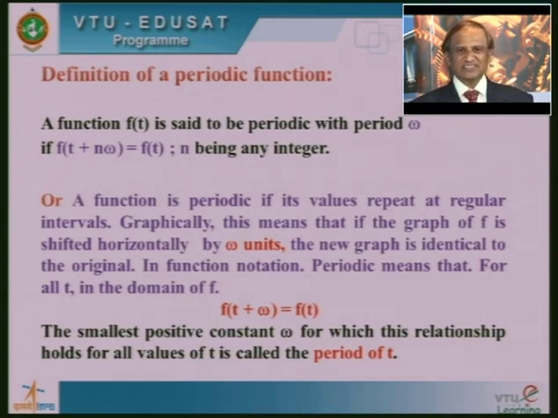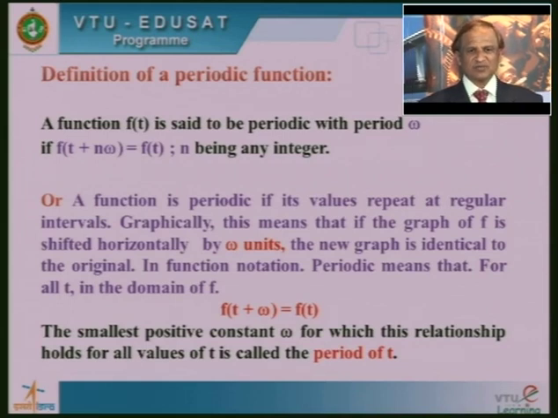Graphically, this means that if the graph of f is shifted horizontally by omega units, the new graph is identical to the original. In this notation, periodic means that for all t in the domain, f of t plus omega is equal to f of t.